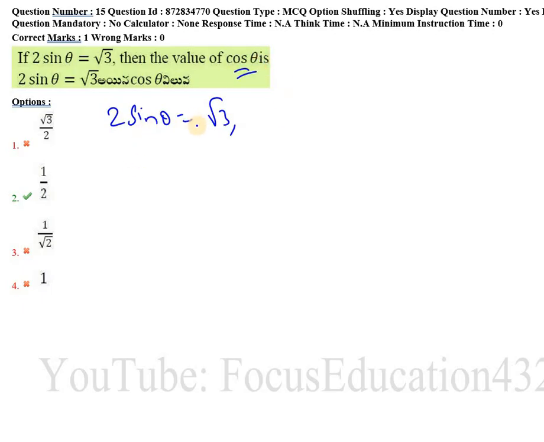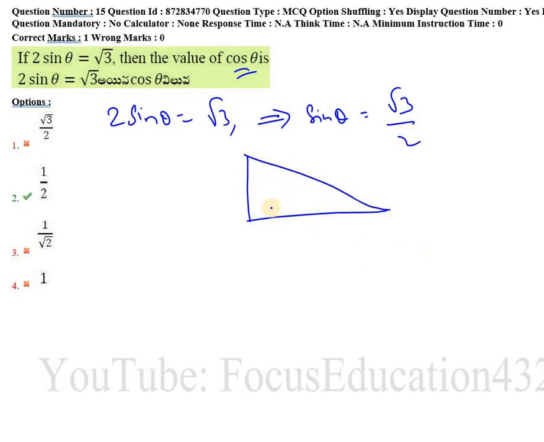So 2 sin theta is equal to root 3 means sin theta will be equal to, sending 2 to the other side, root 3 by 2. Directly also you can do this from the trigonometry table. But I am showing you this generic method so that if they use some other numbers instead of 2 and root 3, then also you should be able to do it.